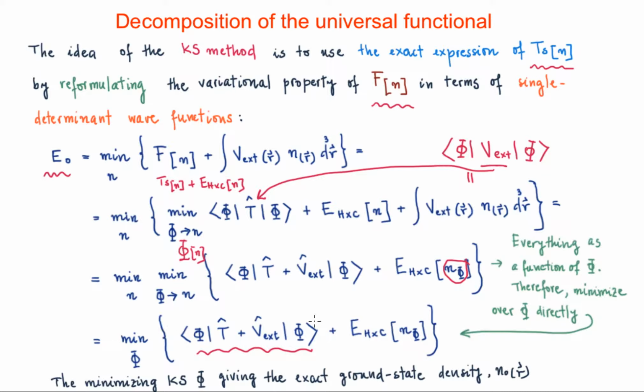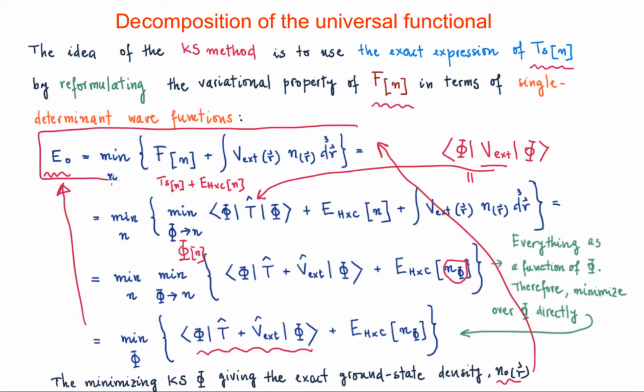And doing that minimization with respect to this Slater determinant, we should get the same ground state energy. And considering the Kohn-Sham wave function that minimizes that, we should get the same ground state density as we could in principle get considering this initial minimization here, where the minimization was done in terms of the electronic density. The thing is that we cannot follow that because we don't know an accurate expression for this functional.